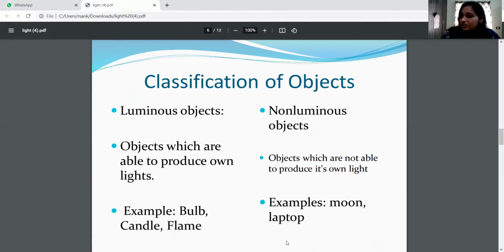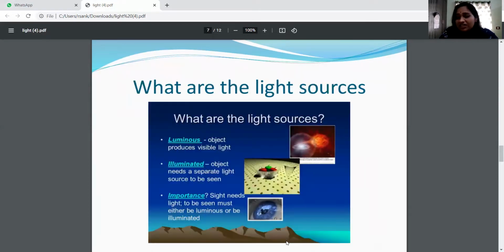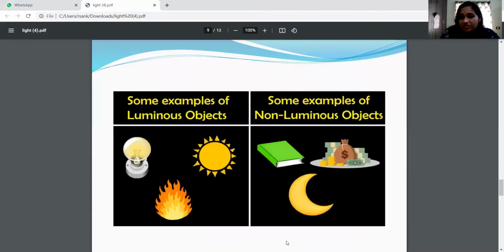And what are non-luminous objects? Objects which are not able to produce their own light. Examples: moon and various chairs, tables, and most of the objects around us are non-luminous objects. Non-luminous objects are also called illuminated objects.